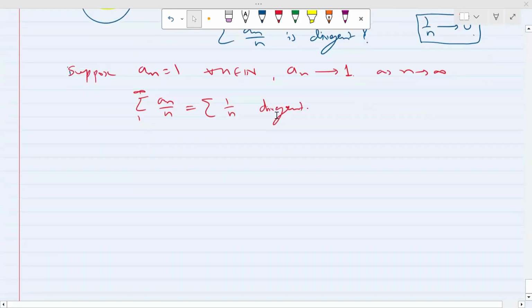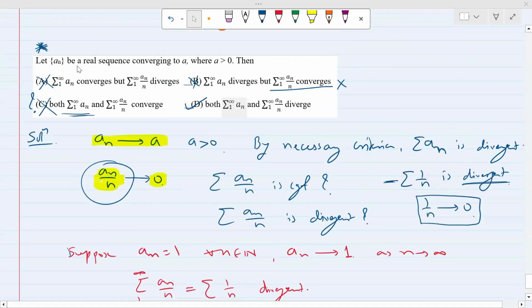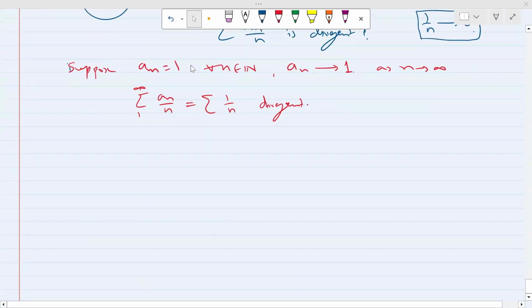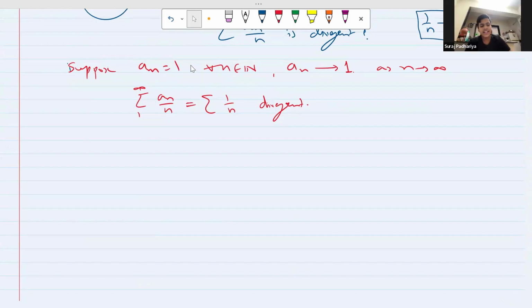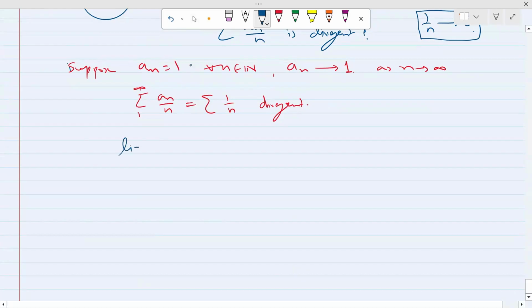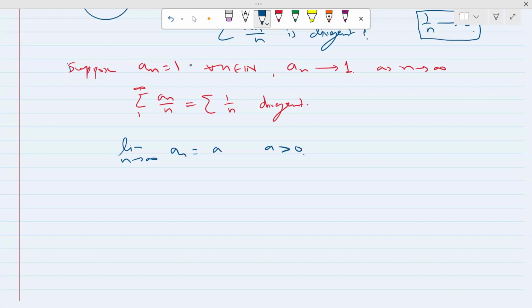Okay, so let me write one line. What is given: an is a sequence converging to a. So can you write the definition? Limit n tends to infinity of an equals a, and a is greater than 0. So I can apply the epsilon-n naught definition.